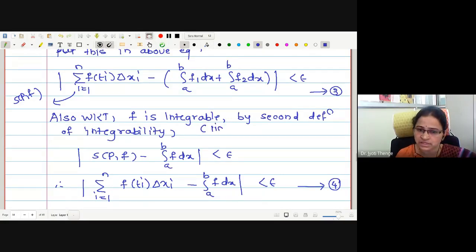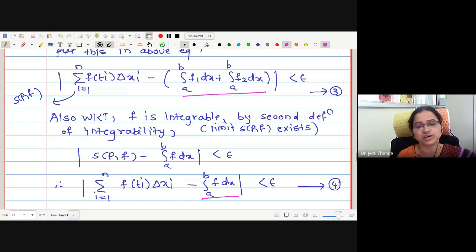Whenever we say limit SPF exists, the limit should be unique. But here we are writing two different limits. But as the limit of SPF exists, these two values must be the same. Therefore integration a to b f is equal to integration a to b f1 plus integration a to b f2.